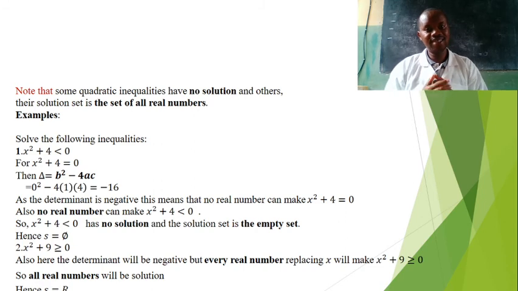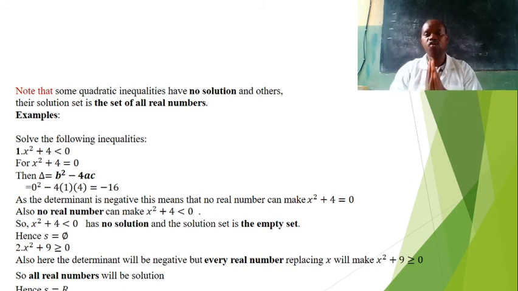Some quadratic inequalities have no solution, and for others, the solution will be the set of all real numbers. We saw that when solving quadratic inequalities, we first have to factorize the left hand side.